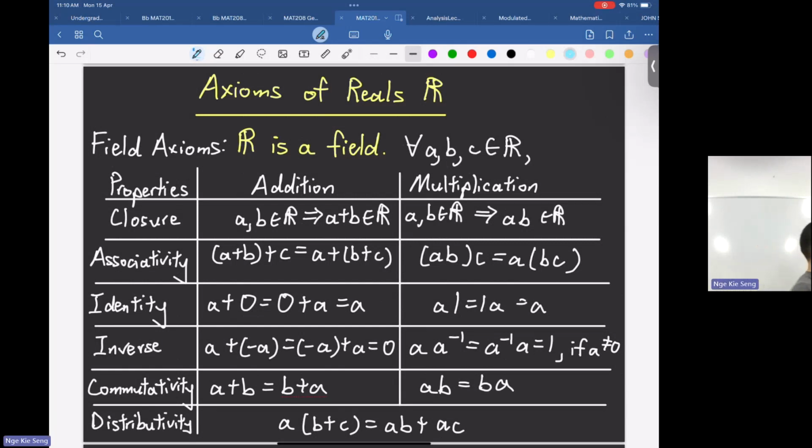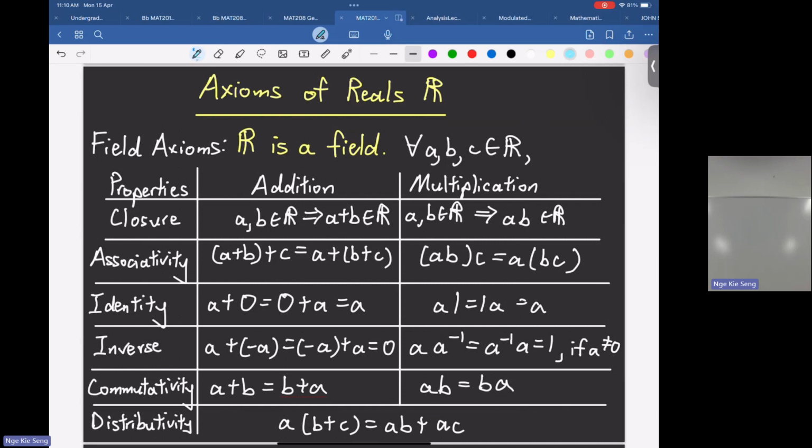Okay, so last time we had these axioms for real numbers. We introduced the field axioms and the order axioms. Basically, the field axiom is like the group axiom. There are two kinds of operation here: addition and multiplication.